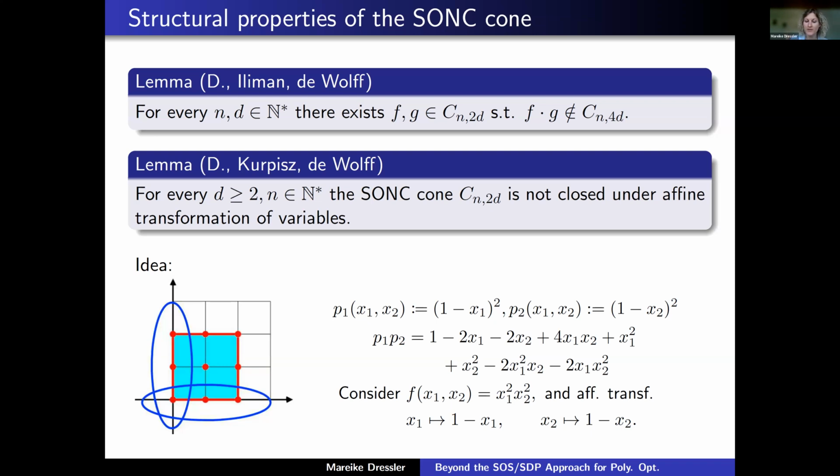If you think about it for the SOS case, for instance, the Motzkin polynomial, every affine transformation of variables done to the Motzkin polynomial never will yield an SOS representation. You can do whatever you want to this polynomial. So there are advantages and disadvantages to this result.